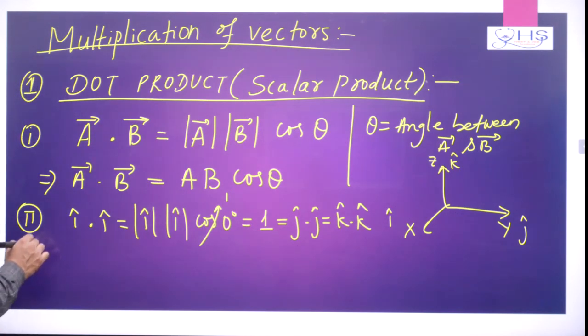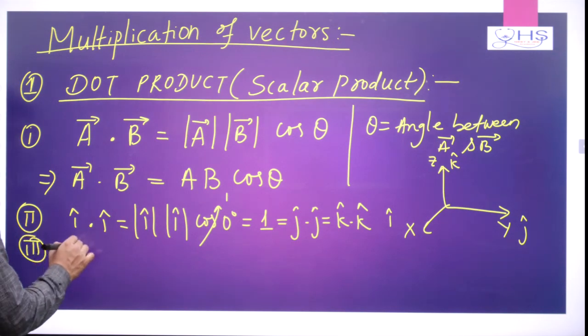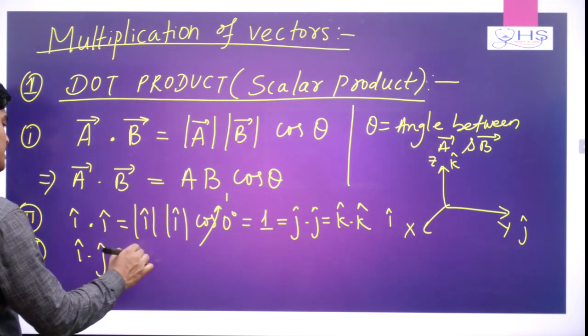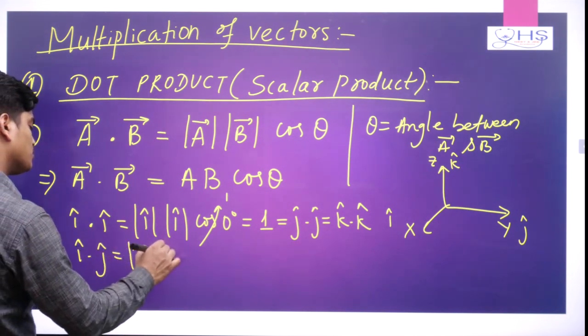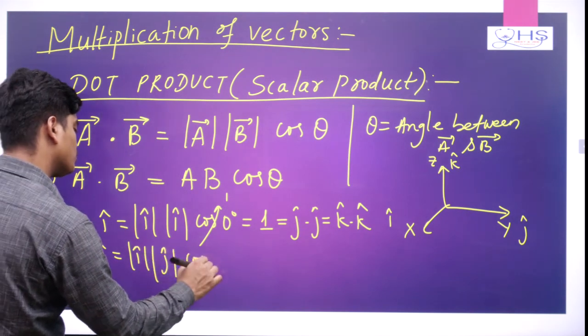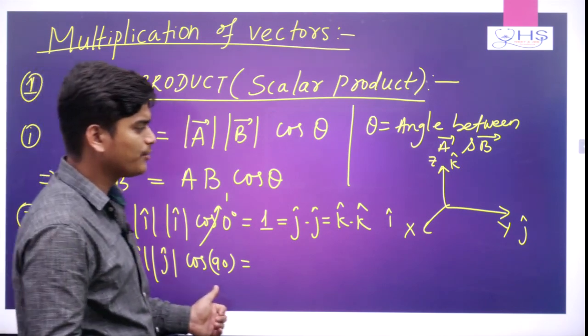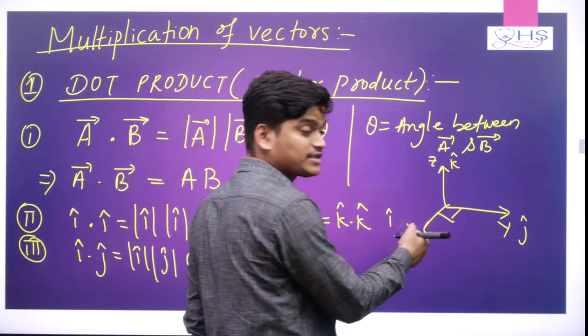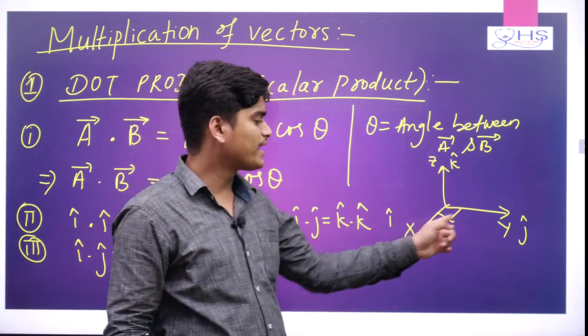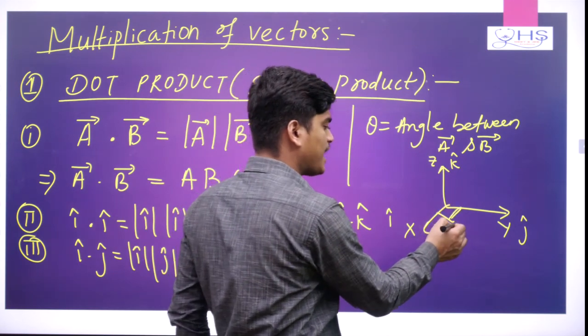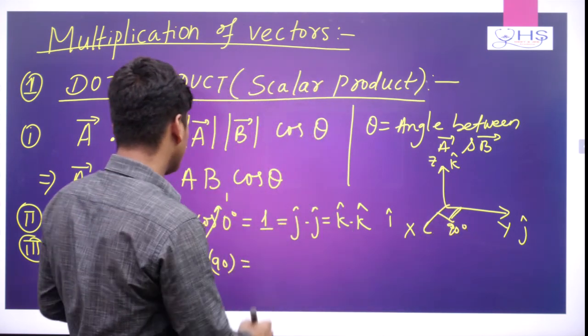Okay, third point, remember, if I do i dot j, then I have to take i vector magnitude into j vector magnitude into cos 90. Why is 90 coming? Because this is the x axis, this is the y axis, and between x and y the angle is 90 degrees. So cos 90 is 0.